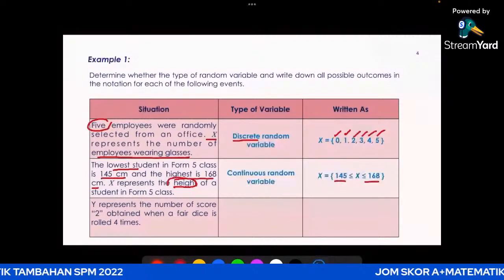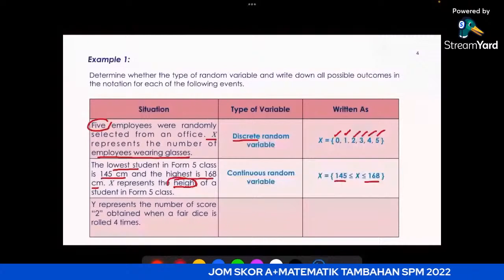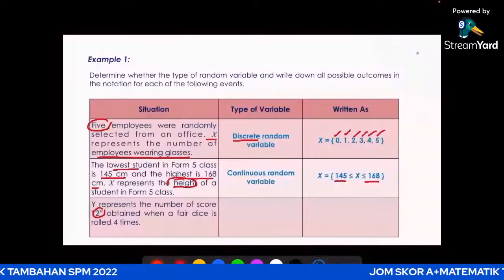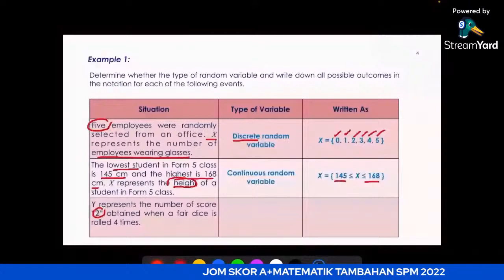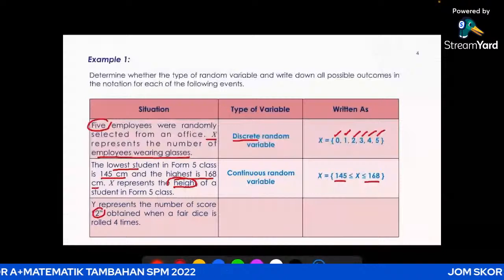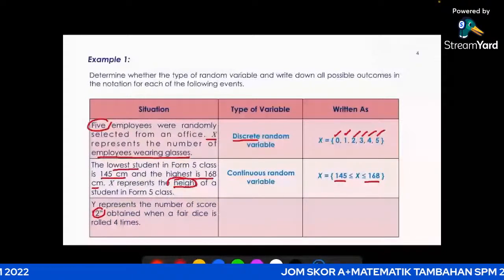Now the last example here. Y represents the number of times the score 2 is obtained when a fair dice is rolled 4 times. We want to see how many times the number 2 appears when we roll the dice 4 times. It might not appear at all, or appear once, twice, 3 times, or all 4 times. These are things that we can count, so it is a discrete random variable.